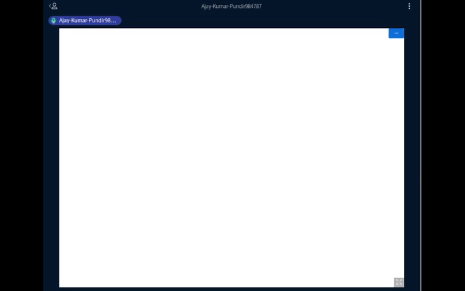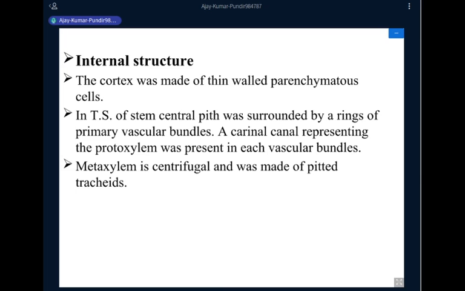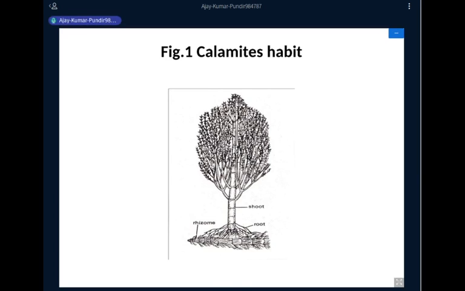If you see the picture, first of all, you have to see the picture of this fossil specimen. This is the specimen of Calamites. According to paleobotanists, the Calamites plant was tall, having a well-developed underground portion of the stem in the form of a rhizome.